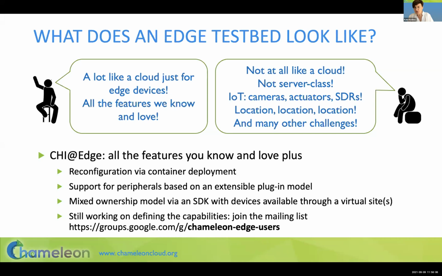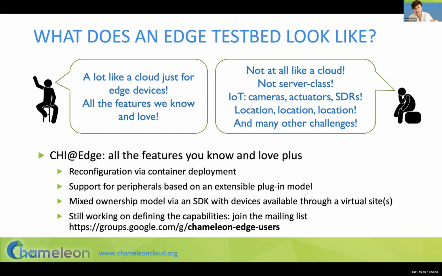So first of all, those little devices, they are out and about, and they are not sitting in a data center. And so that is important, that they are location dependent. And the reason they are location dependent is that they are tied to cameras or software-defined radios or other peripherals, which allow them to get data.